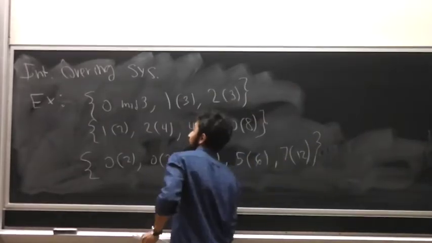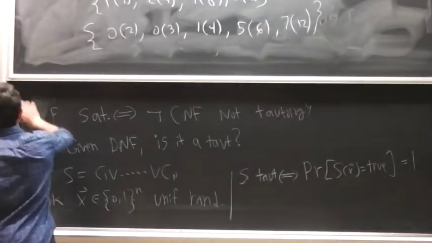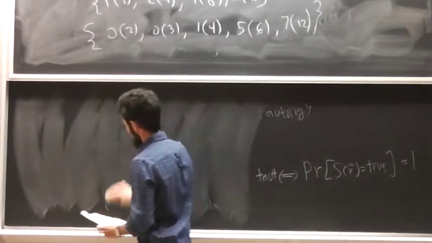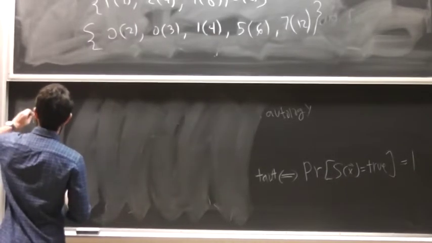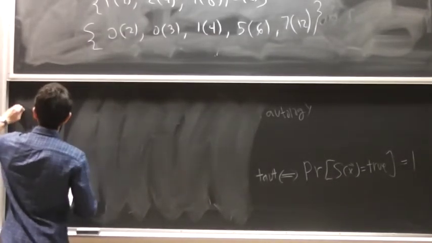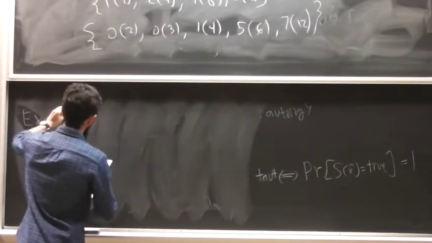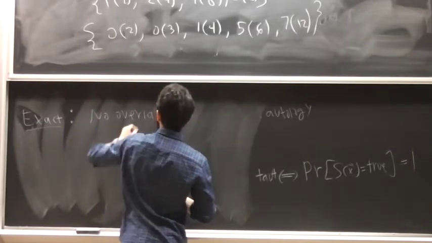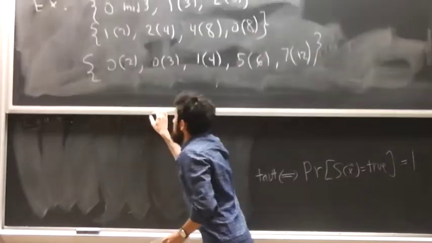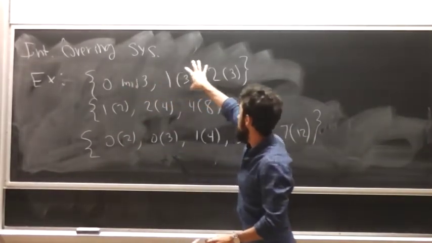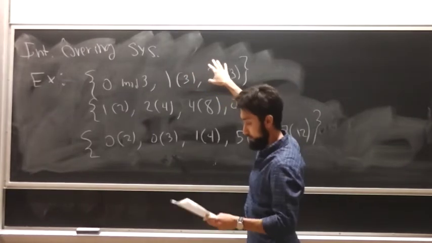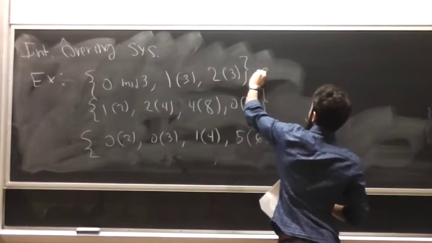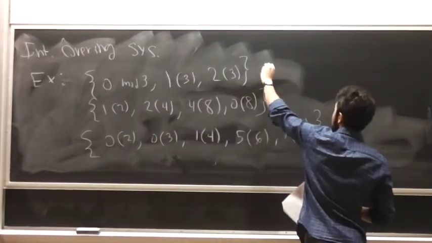Here's some terminology. A disjoint, or we're going to call it exact, covering, it's the same thing, means that there is no overlap. Going back here, an exact covering means all of these arithmetic progressions are disjoint. So for example, the first two would be exact. Obviously this one's exact. It turns out the second one's also exact.